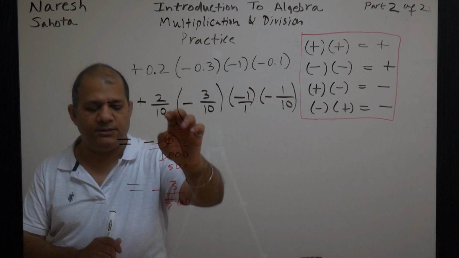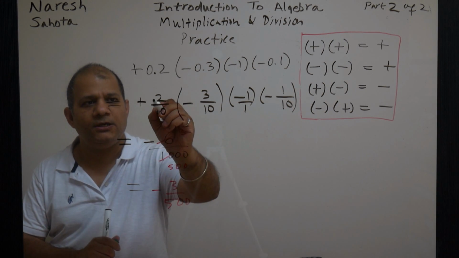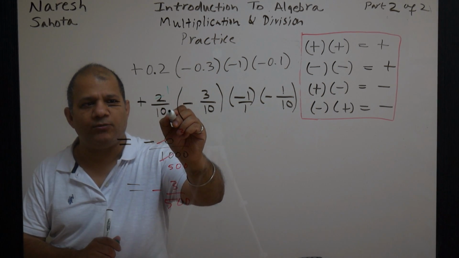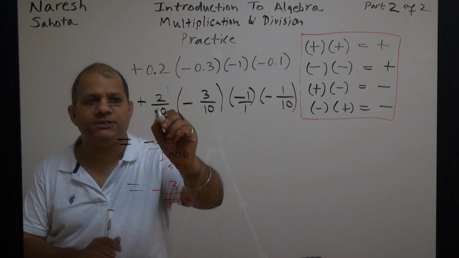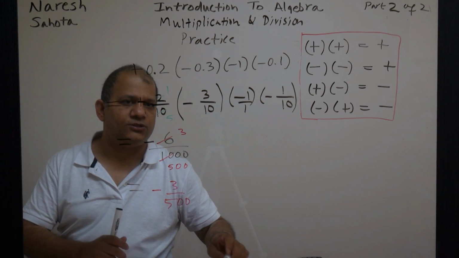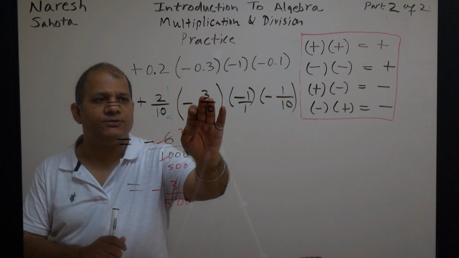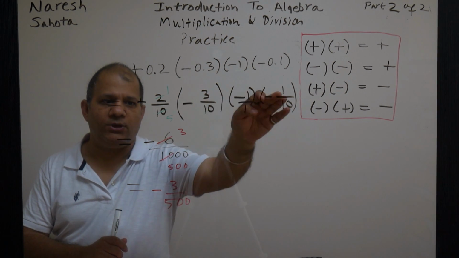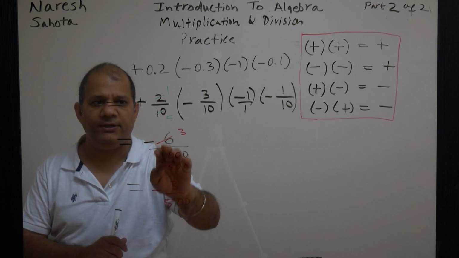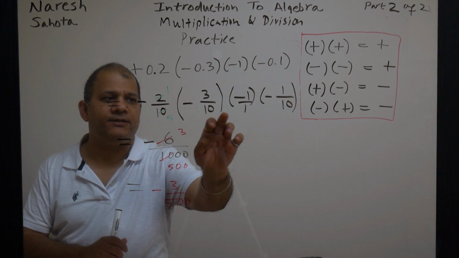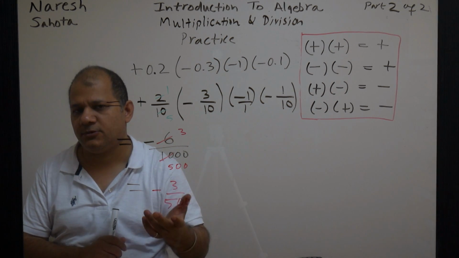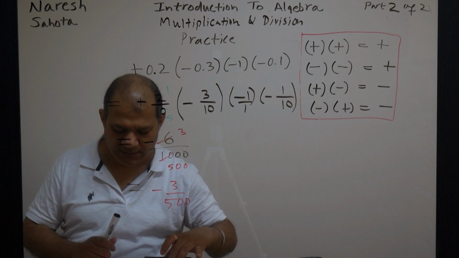So here I would have gotten 2 goes into itself once, 2 goes into 10 5 times. And now let's multiply. Here we would get 1 times 3 is 3, then times 1 will still be 3. Now 5 times 10 is 50, 50 times 10 is 500. Right? So either way we could have done this.